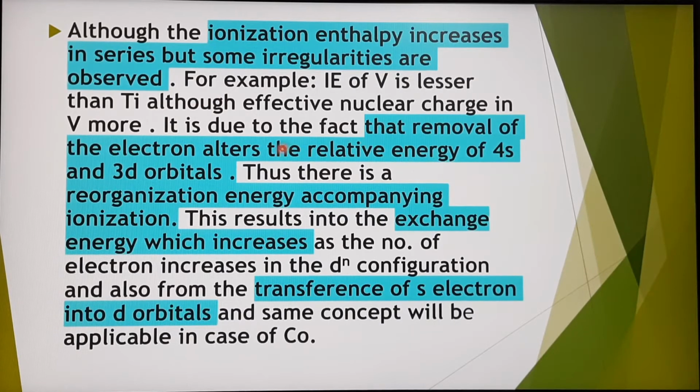It can be explained on the basis of this reorganization energy: as we remove an electron from the valence shell by providing energy, this removal of electron alters the relative energy of 4s and 3d orbitals. It means there is reorganization of energy accompanying ionization, a reshuffling of energy of 3d and 4s orbitals, because these two orbitals are of slightly different energy.